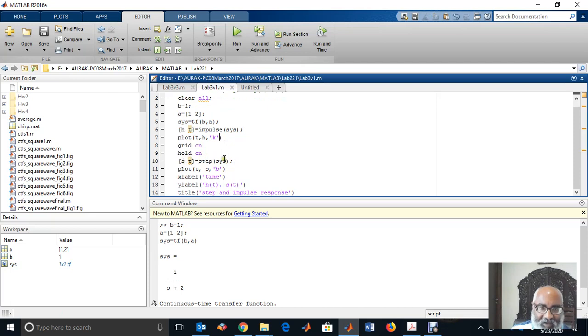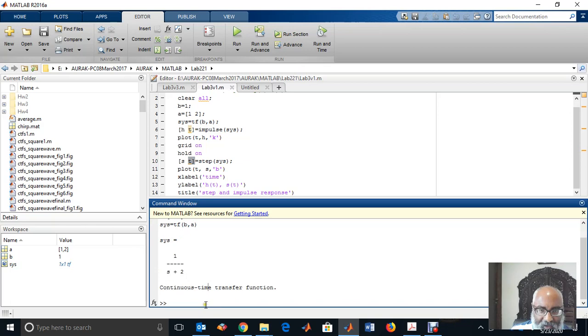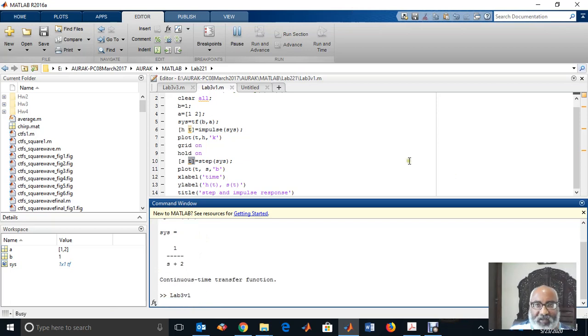That means you'll get the step response in the S vector, and it will also automatically generate the time vector t. Then you plot t versus S on the same graph, and then you can add the X label, Y label, and so on. So let me run this program. The name of this is labs 3 v1, but you can give it any name you like. And let's see the graph.